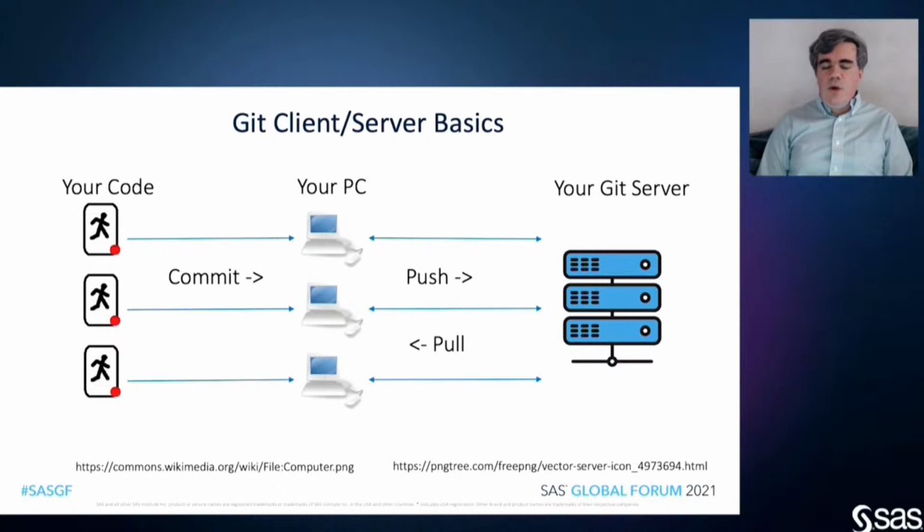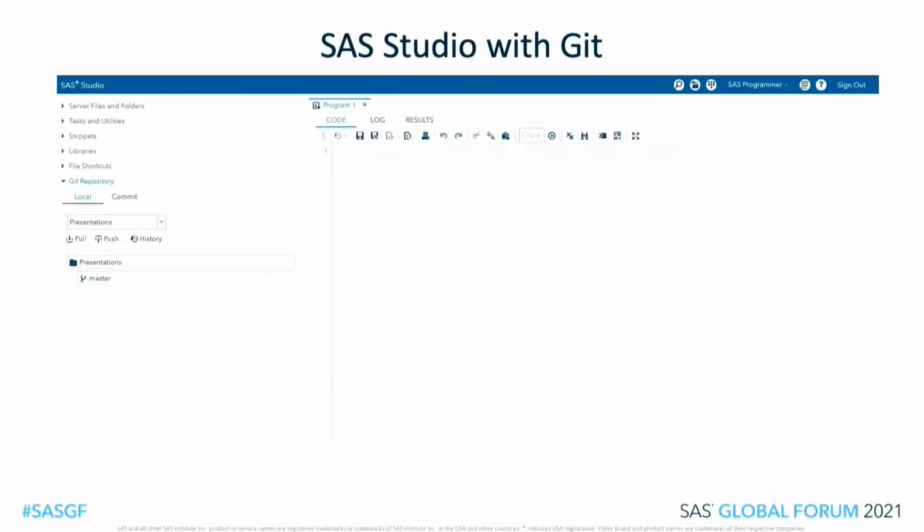Good news, we can do all of this and more in SAS Studio. Starting with SAS Studio version 3.8, you can now access most commonly used Git operations without leaving your browser. You can commit changes, push code to the Git repository server of your choice, pull code down from that server, work with branches, and more, all from inside the SAS Studio interface.